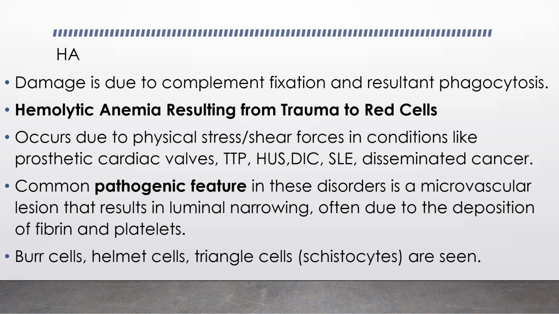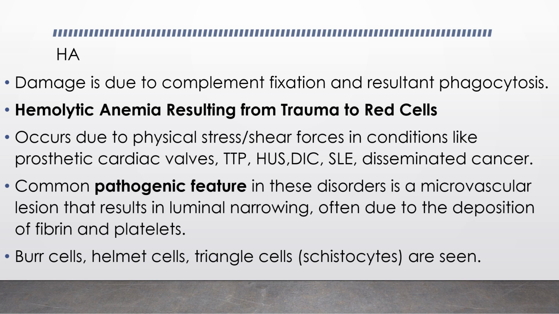One other thing, hemolytic anemia due to trauma: stress, shear forces, prosthetic valves, thrombotic thrombocytopenic purpura, hemolytic uremic syndrome, DIC, SLE, disseminated cancer, as we mentioned, jogging or running continuously also causes some anemia, damage to the RBCs.